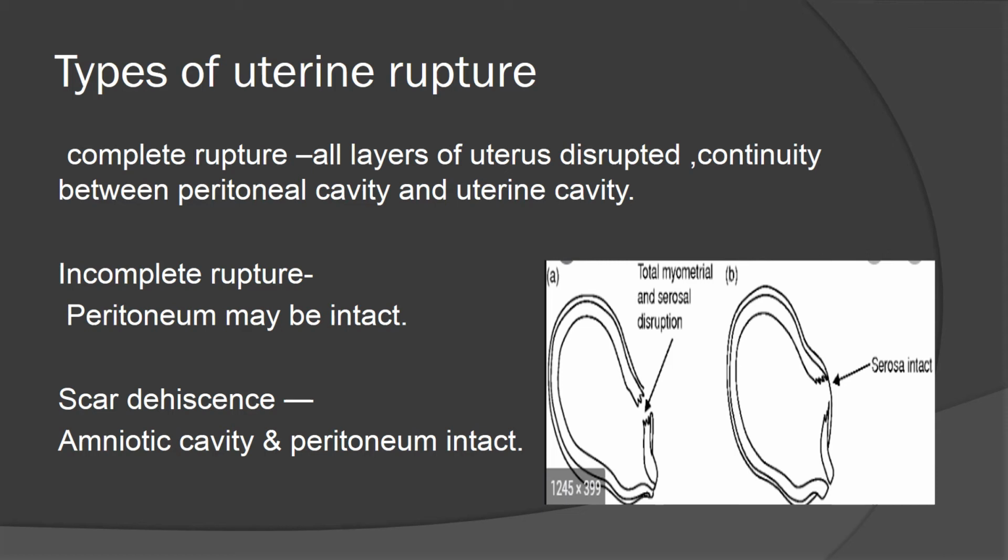In incomplete rupture, one or more layers may be intact, usually the peritoneum or serosa of the uterus. In a scar dehiscence, only the uterine musculature will have its discontinuity. The amniotic cavity and the peritoneum will be intact.